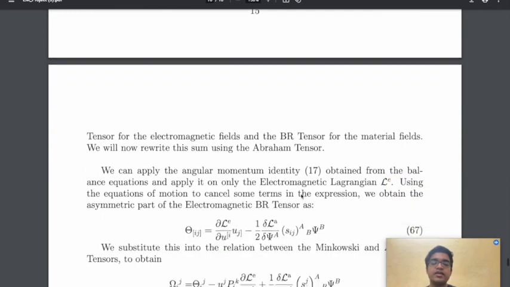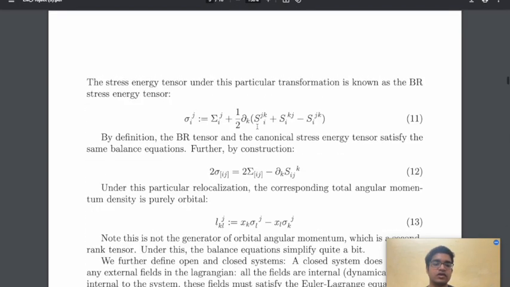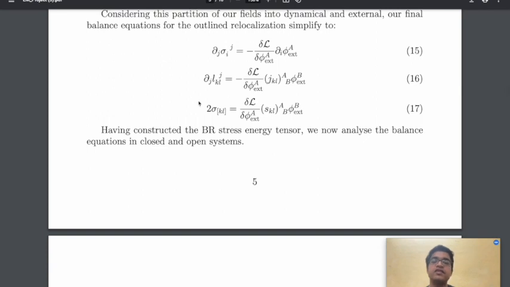So to obtain this, we'll apply the angular momentum identity from the balance equations that we obtained. So if we quickly go through this equation, this is the angular momentum identity. This is true for a general BR tensor, and we see that we get the antisymmetric component in this way.